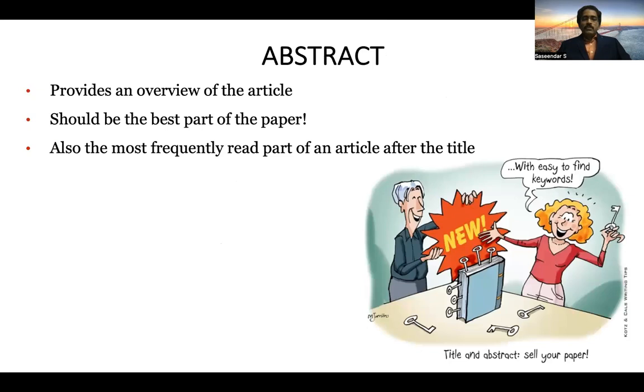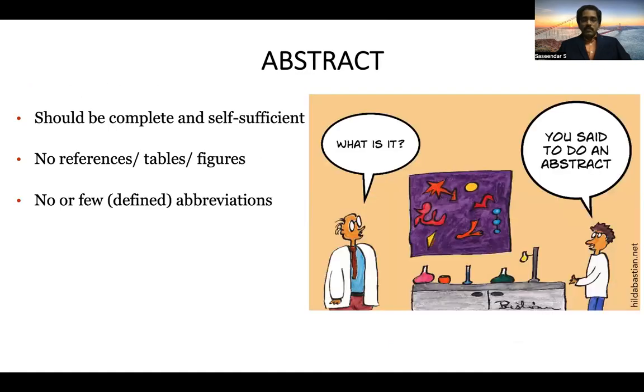All these have to be prefixed by an abstract, which provides an overview of the article. This should be the best part of the article, and it's also the most frequently read part of an article after the title. An abstract should be complete and self-sufficient. No references, tables, or figures should be provided.